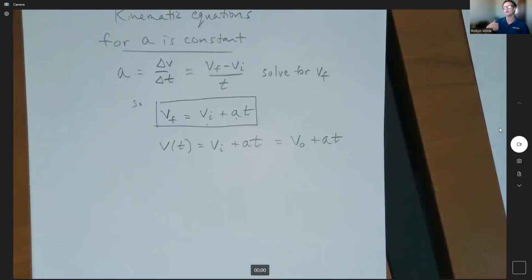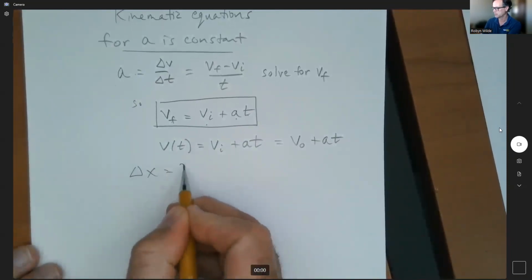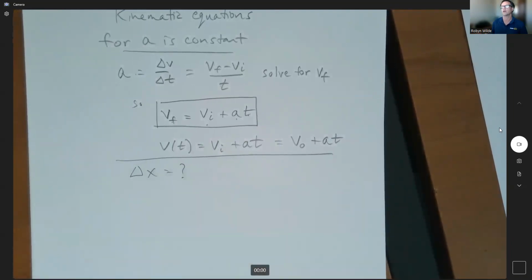The problem here, I want to get other relations with other quantities. In fact, what I would like to get is the displacement, right? How do I know what the displacement is? So delta x, how is it related to these other quantities, initial velocity, time?